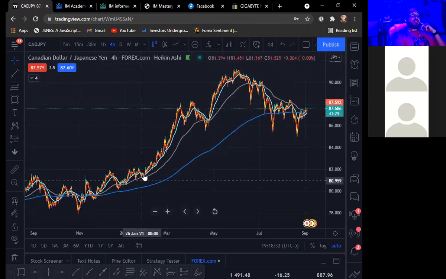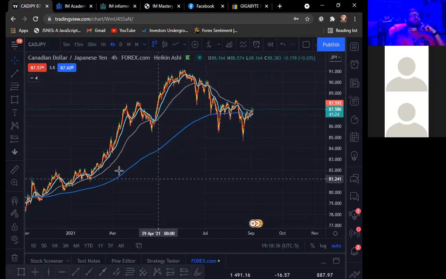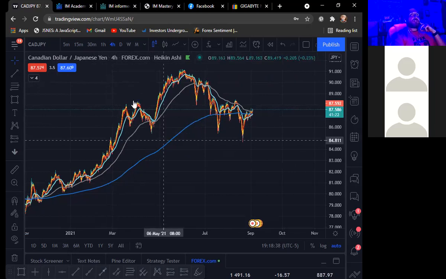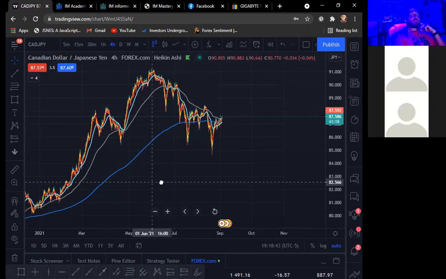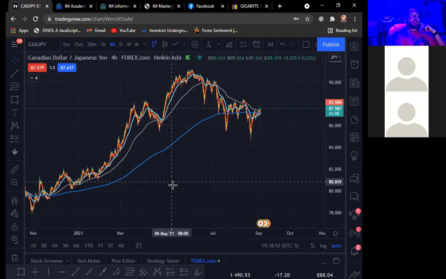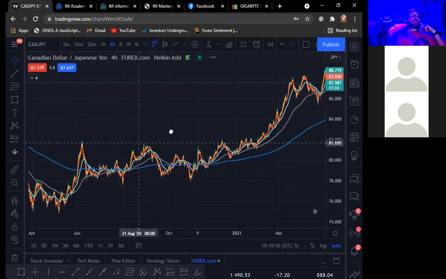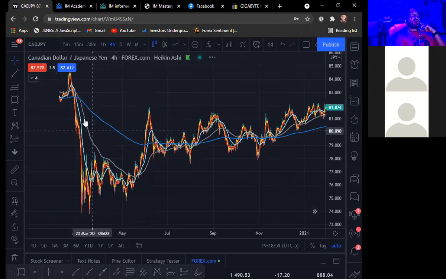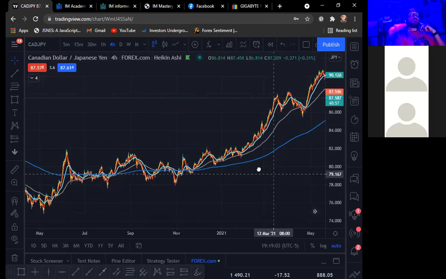But here we see the EMAs start to fan out, more and more, and this is where I start looking to make a trade, because the further away the candles get from the 800 EMA, the more likely it is to crash back down to the 800. If you go back and look at this strategy over and over, the EMAs come back to this 800 line.